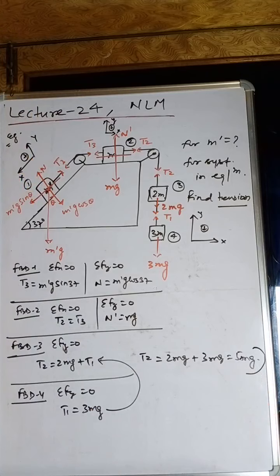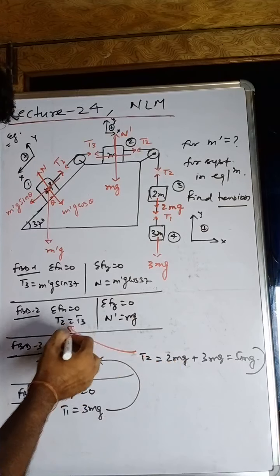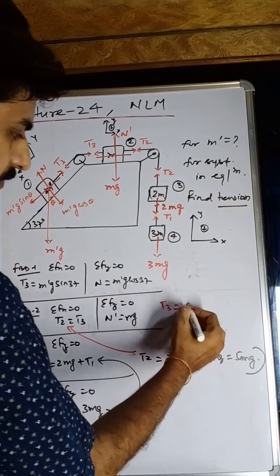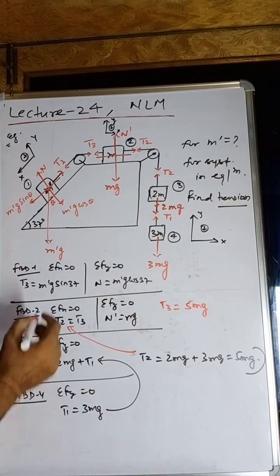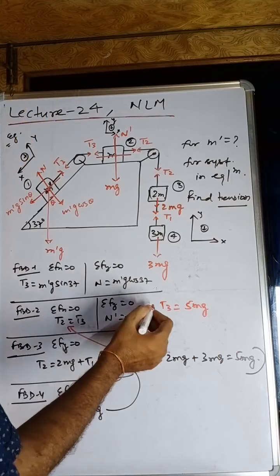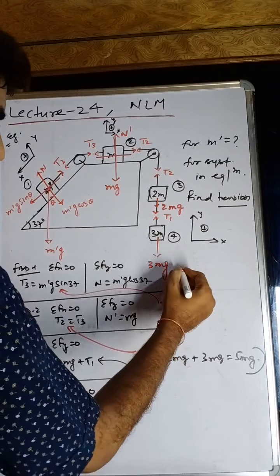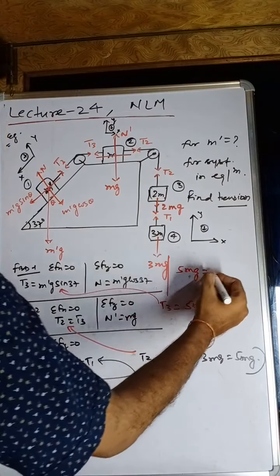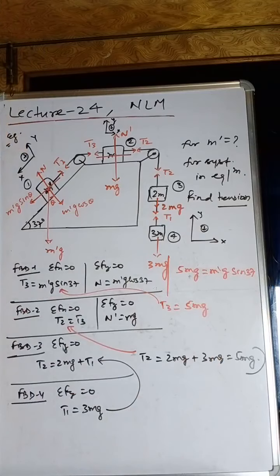Now we'll put the value of T2 in this equation. You can see T2 equals T3, so T3 is equal to 5 mg again. And T3 is equal to m dash g sine 37. So you will put this value in this equation and you will have T3, that is 5 mg, equal to m dash g sine 37.